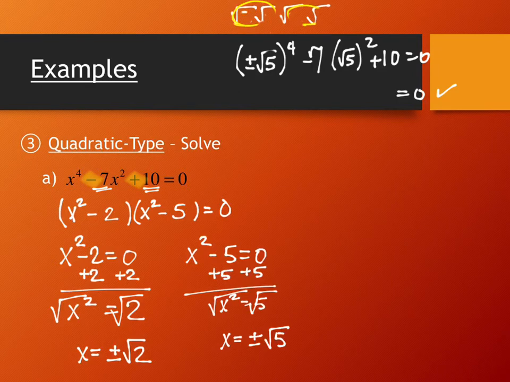So if I have the square root of 5 times the square root of 5 times the square root of 5 times the square root of 5, two of those together combine to give me 5, and another 5, and then 5 times 5 is 25. In the middle, I have 7 times the square root of 5 squared. Square root of 5 squared would be 5. 7 times 5 is 35. And 25 minus 35 plus 10, does it equal 0?